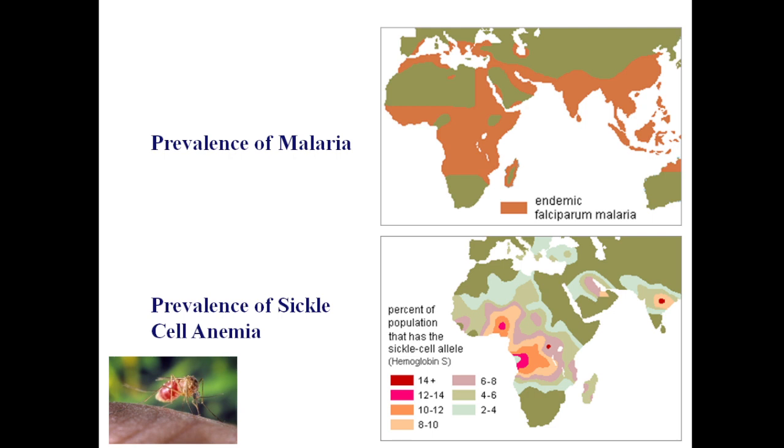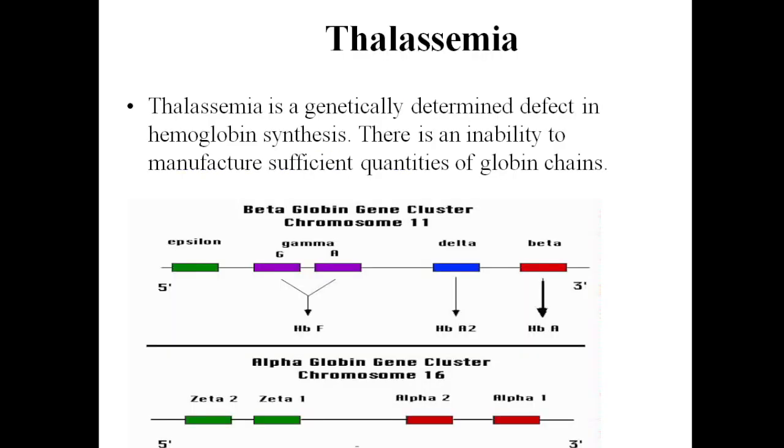Distribution of sickle cell anemia corresponds to distribution of malaria, because malaria plasmodium cannot effectively develop in sickle cell anemia erythrocytes.